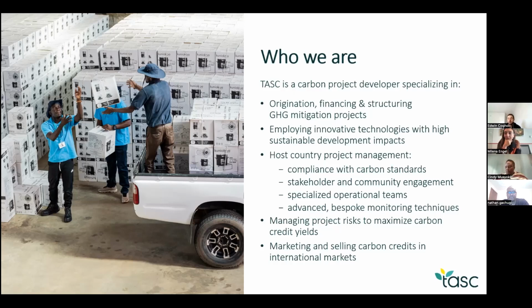We pride ourselves in deploying the most technologically advanced devices suitable for the specific need where we operate. Thus far, we've got a couple of projects running. The majority of them are cookstove projects, but we've also got some other projects in other spaces.